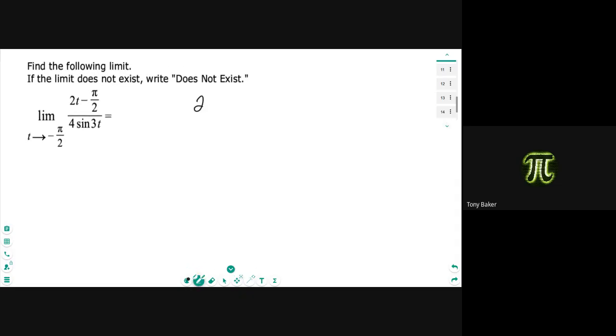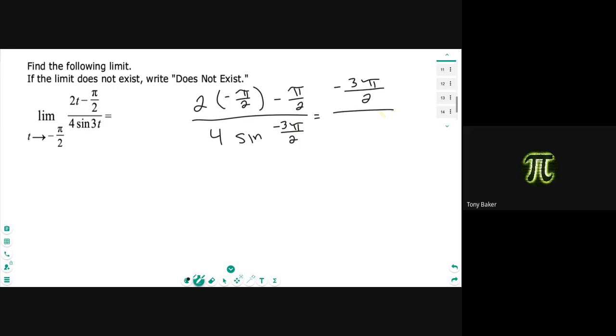I always forget the pen. All right, what's sine of negative 3π/2?